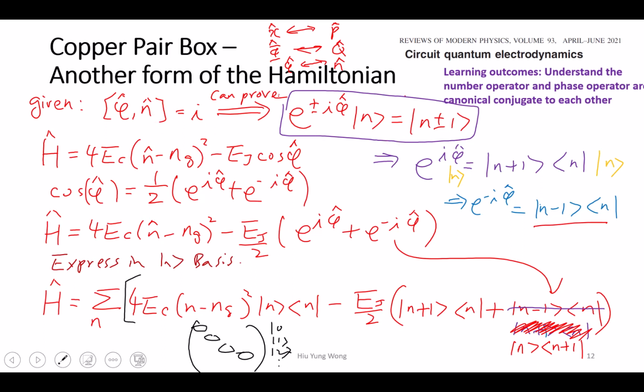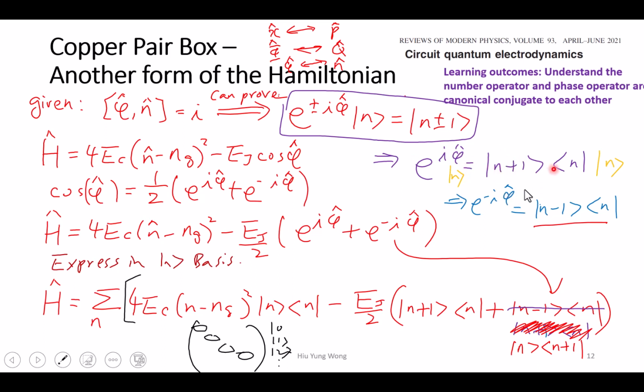Now, I did not go through this. Maybe I can put it in an assignment. You will find that e to the power plus minus i phi is just a raising and lowering operator. So this one I really just jumped, right? If this is the case, then e to the power i phi can be represented as the sum of |n+1><n| outer products. Because think about this: I apply this to n, then this one becomes 1 because they are the same, and it promotes n to n plus 1.